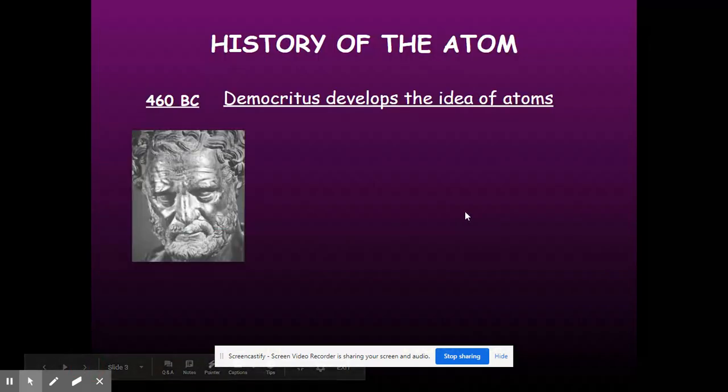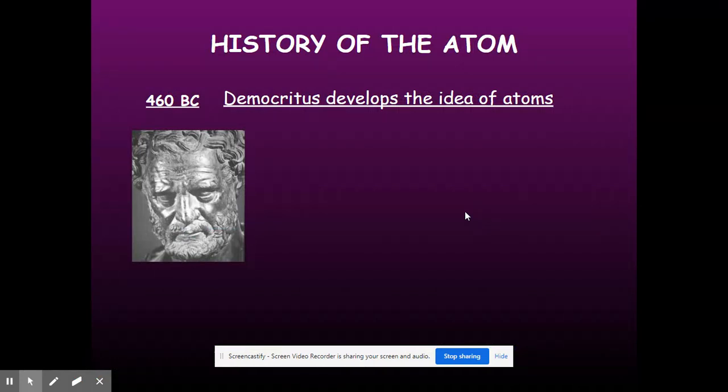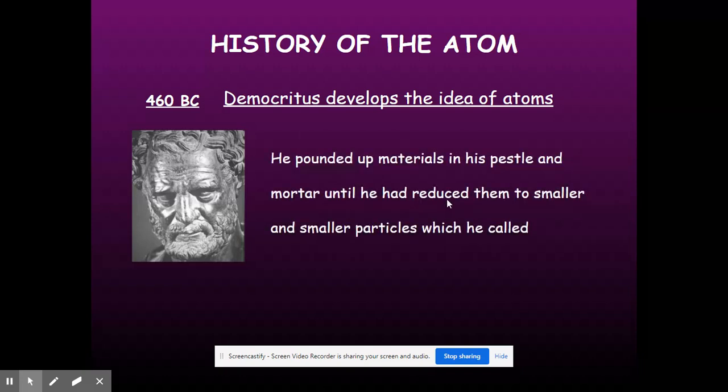Okay, so if you go back in history, many years ago, 460 BC, Democritus developed the idea of atoms. He actually thought that if you took a sugar cube and you pounded it up with a mortar and pestle, you'd reach a smaller little piece of sugar. And the smallest possible piece of sugar that you could get, he thought that would be called a sugar atom.